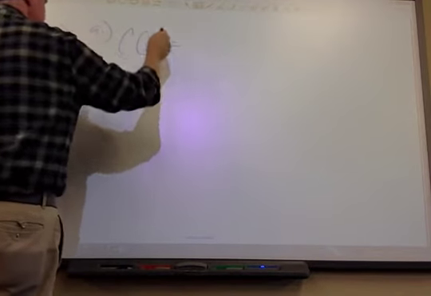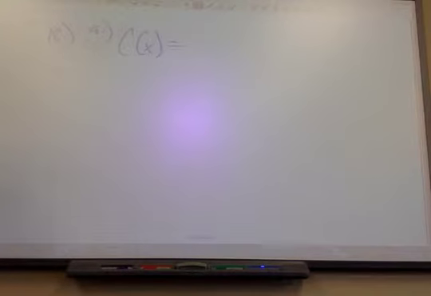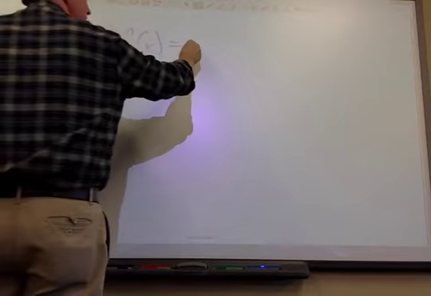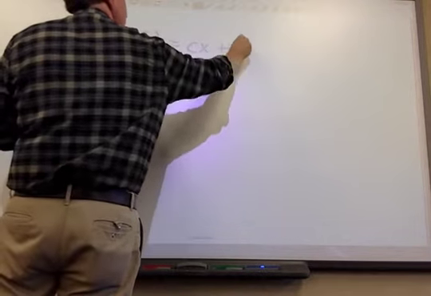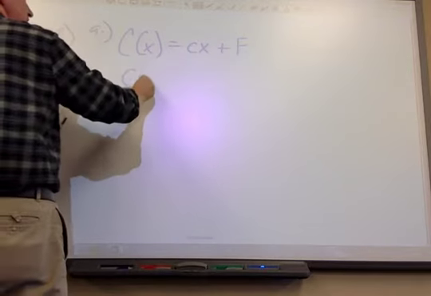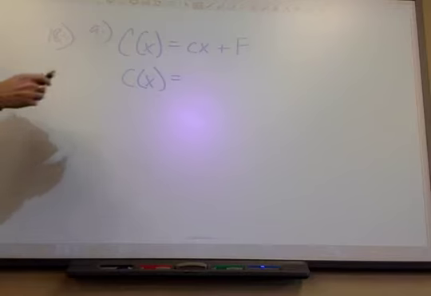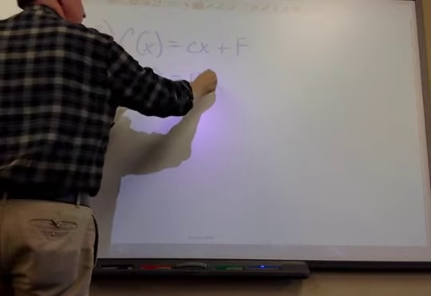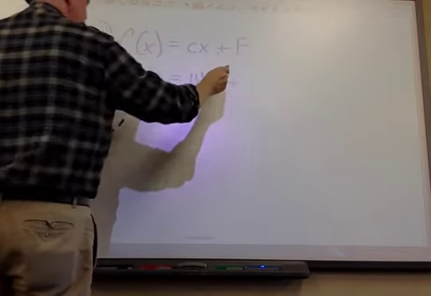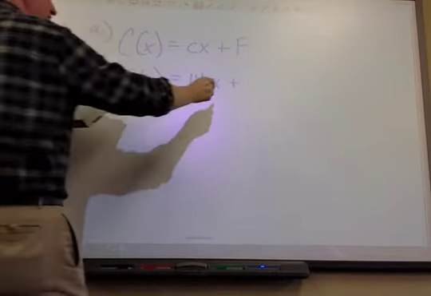C of X is equal to, if we use that formula, we could plug right in. Cost per unit was 14x, and the fixed cost, 100,000. And that's your cost function.